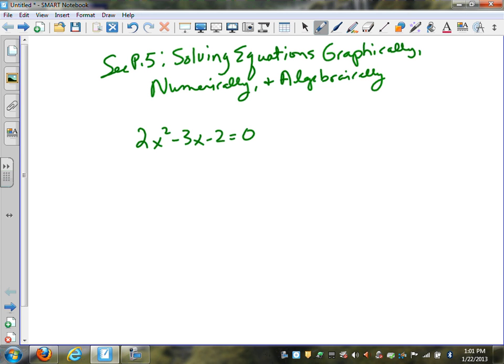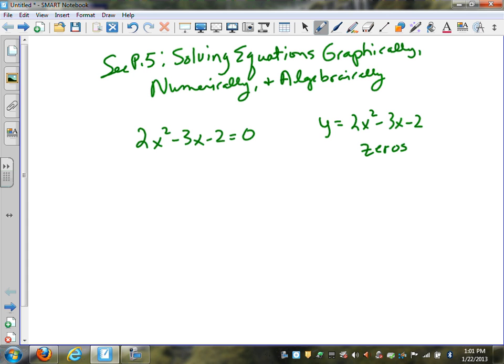First, how would you solve this on the graphing calculator? You're going to enter it under y equals 2x squared minus 3x minus 2 and find the zeros.